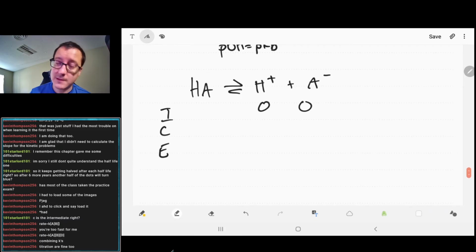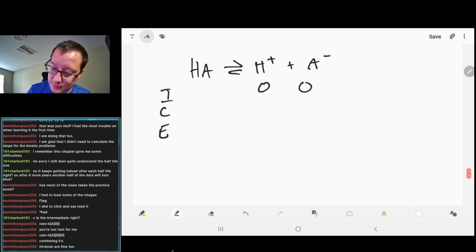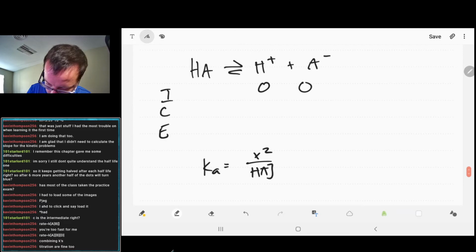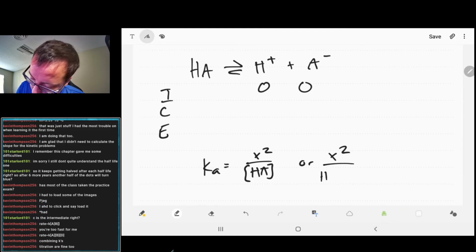Remember, if you start with 0 of whatever, you'll end up with x squared over HA, whatever that happens to be. Again, we're assuming we can, with our assumption there. Or if we can't, we'll end up with this using our ice table.